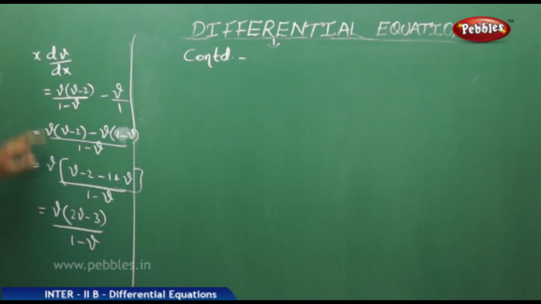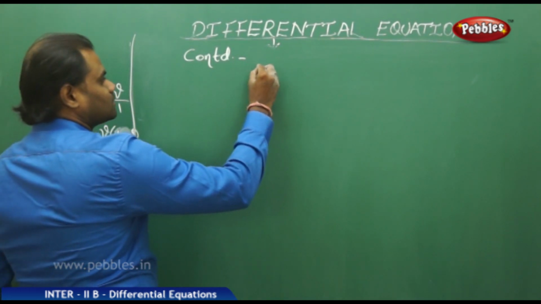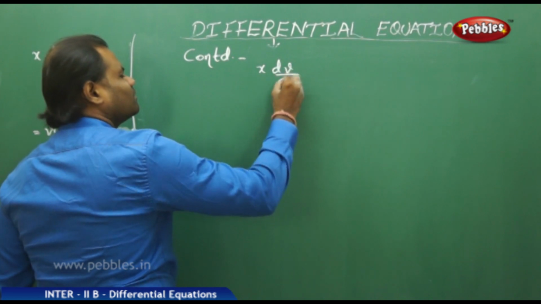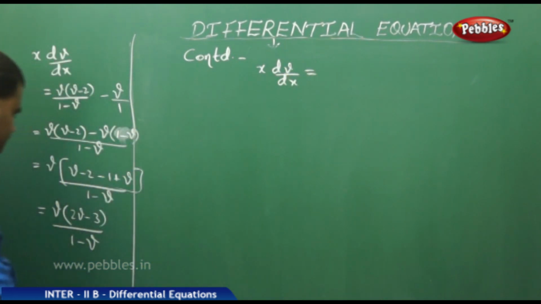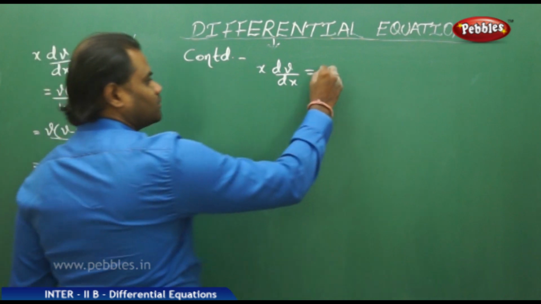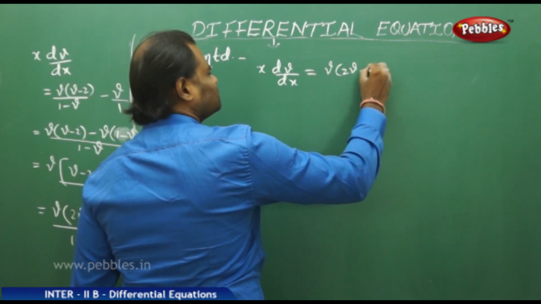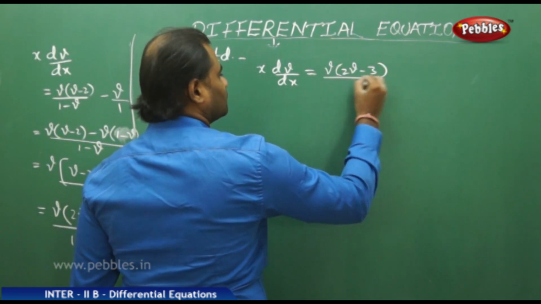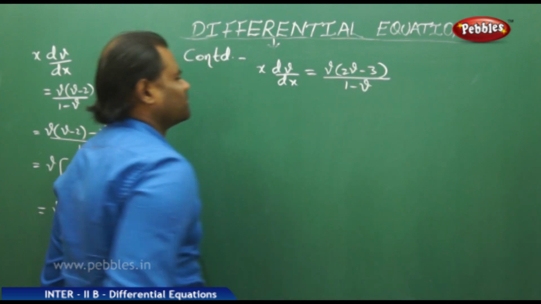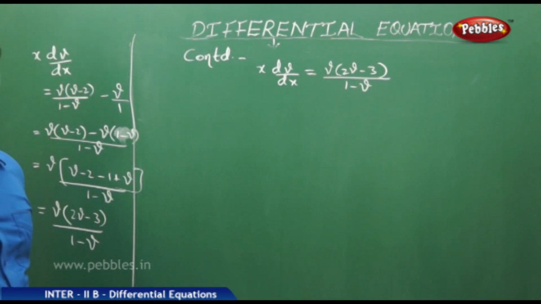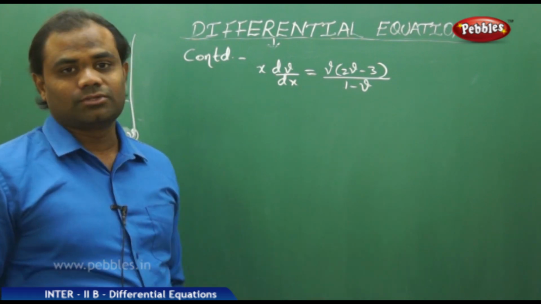So we get this as v times 2v minus 3 by 1 minus v, and therefore continue from here. I have x dv by dx equals v times 2v minus 3 by 1 minus v. So here now we are going to separate this into variables.